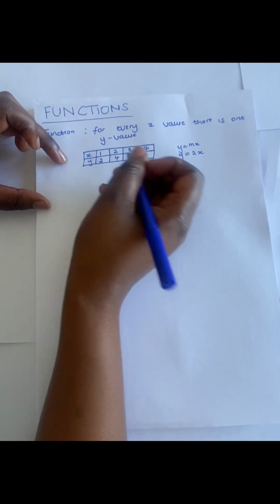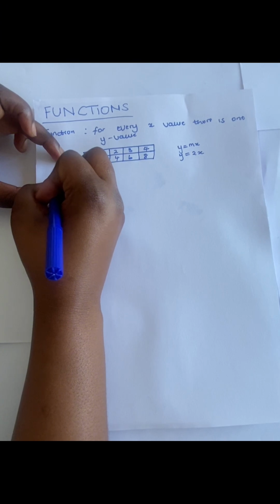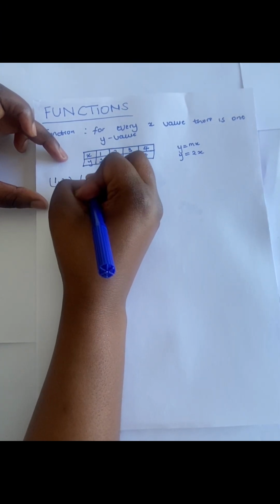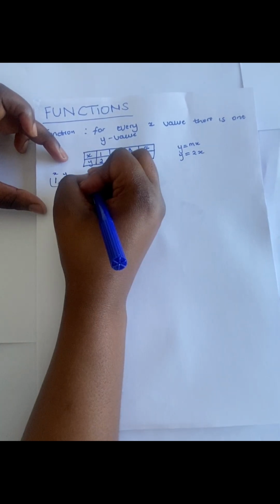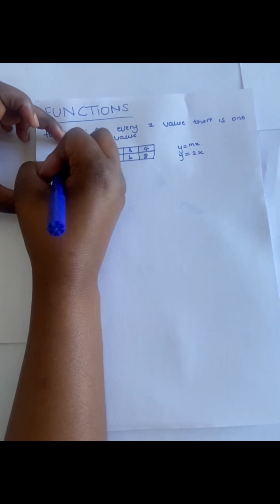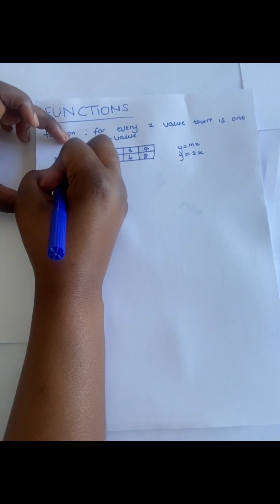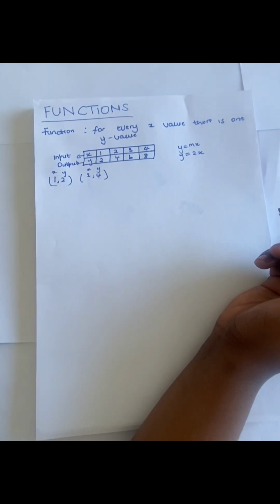And then you have to put these in a coordinate form, like 1, 2, 2, 4. And you know that this is your x value and this is your y value. These are input values and these are output values. Okay, for every x value there should be one y value.